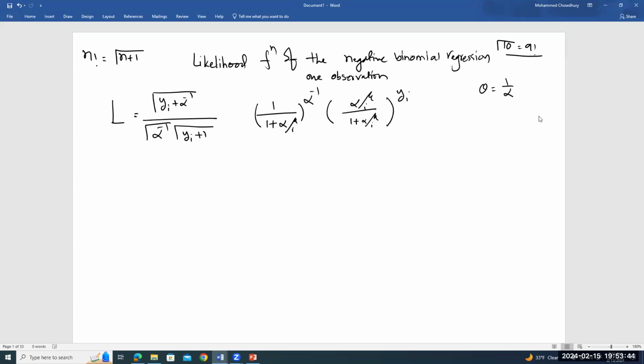Now the log likelihood for n observations.